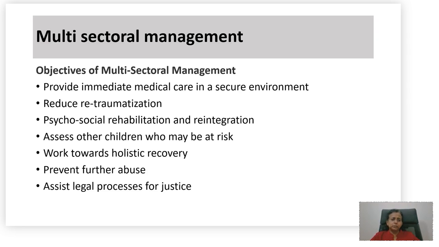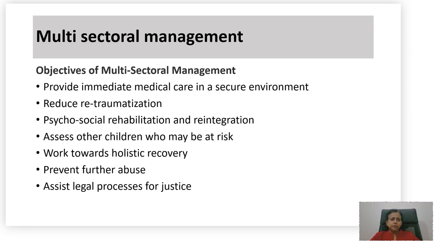Then psychosocial rehabilitation has to be ensured, and other children assessed. One key issue to think about is that if one child is abused, there is a risk that other children also can be abused. So we need to be very careful. All children have to be assessed. And also you have to work towards holistic care, prevent further abuse and assist in the legal process for justice.